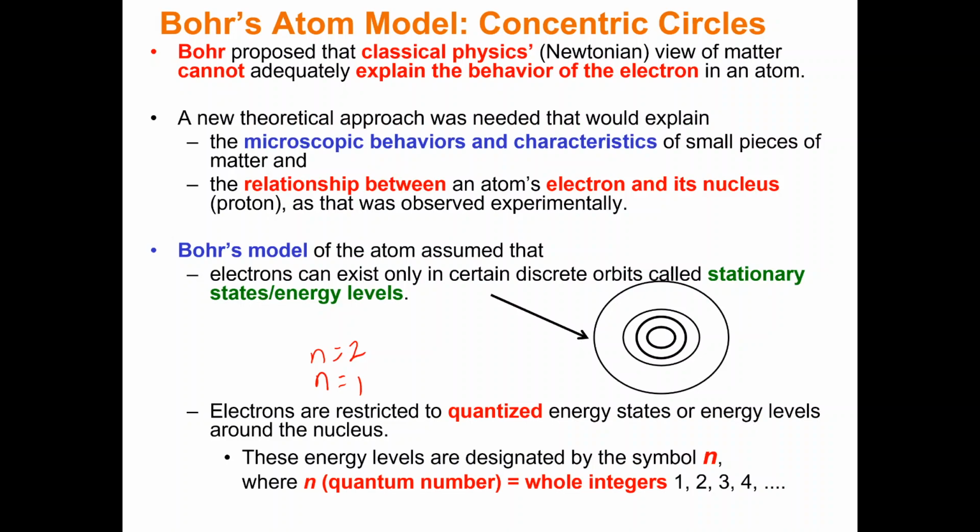But for now, understand that since we see those quantized line spectra for each individual atom, there must be some other explanation. And so Bohr is saying that there must be discrete energy levels that house the electrons, and they're not just randomly scattered around the atom. We use the symbol n for these energy levels, and this is called the quantum number. And it has to be a whole integer, so it's like 1, 2, 3, 4.